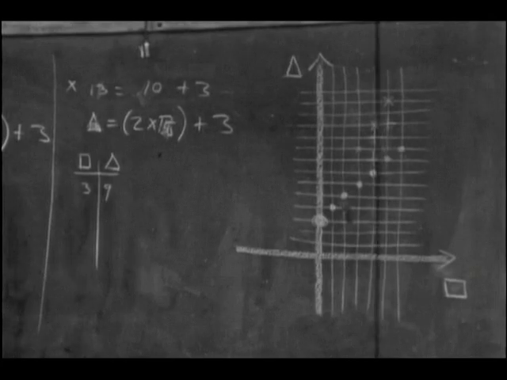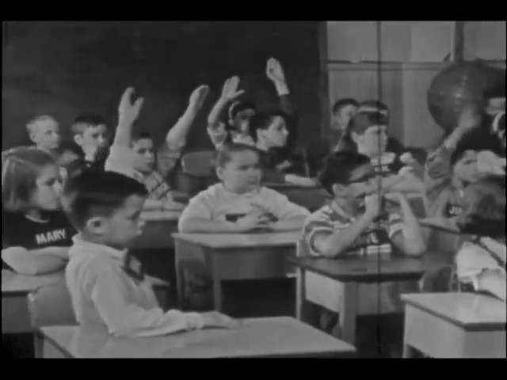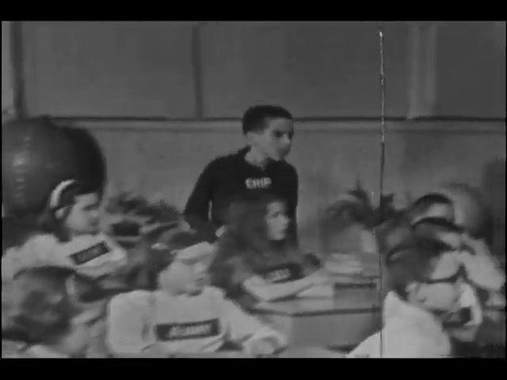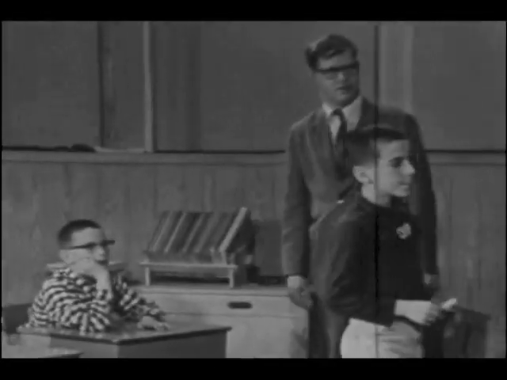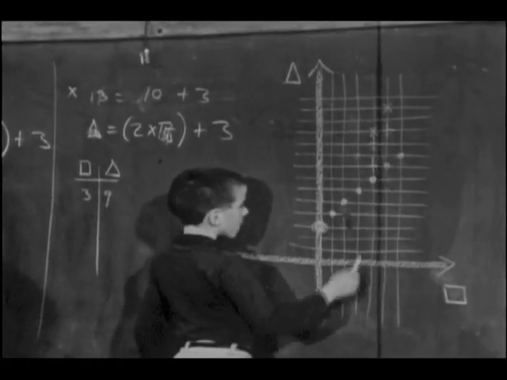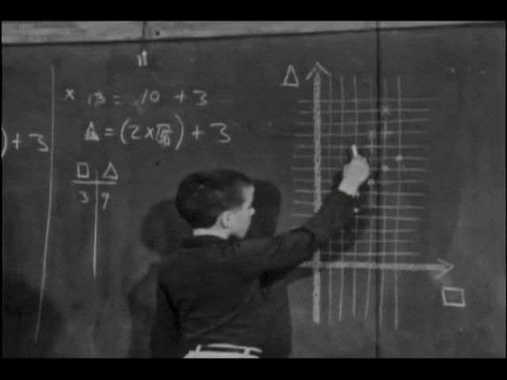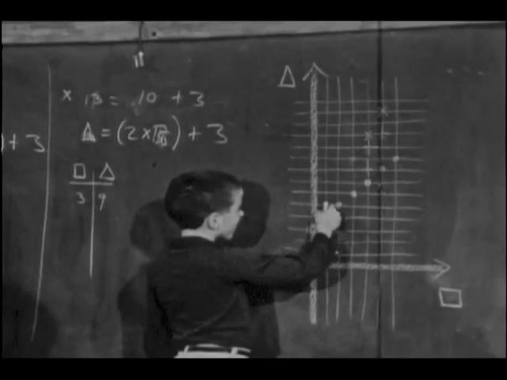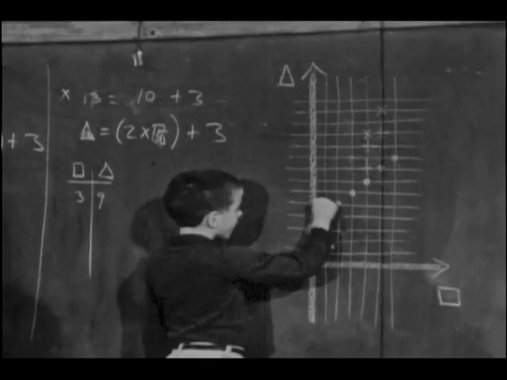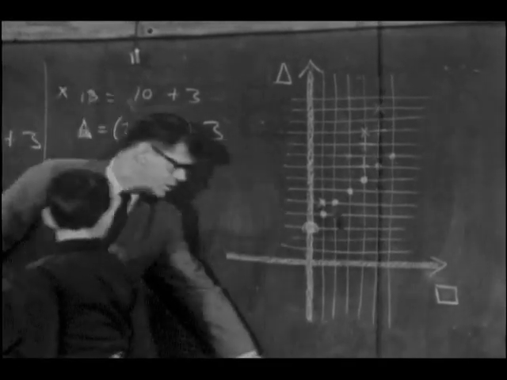Somebody come and mark one more X on this problem. Chip, come mark one more X on this problem. Okay, Chip put it there, which is very shrewd if it works.